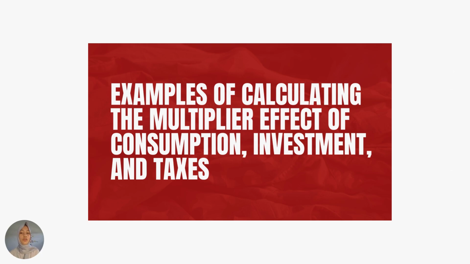Okay, that's it for demand pull inflation and cost pull inflation. Now, I'm going to make an explanation of the example of calculating the multiplier effect of consumption, investment, and taxes.